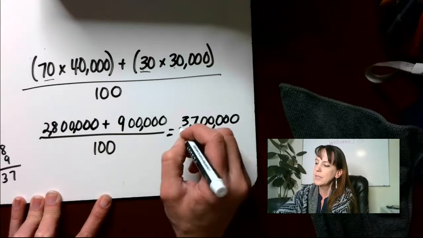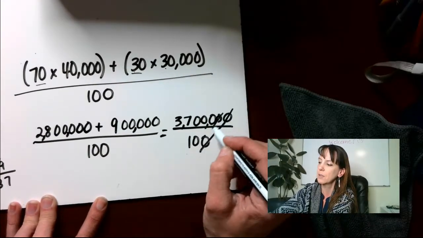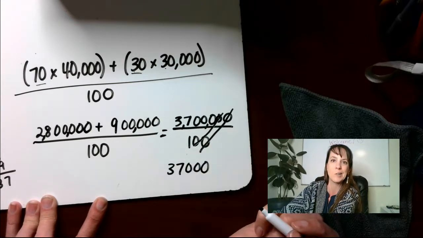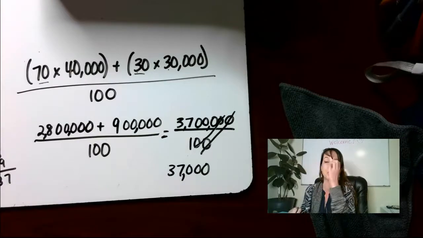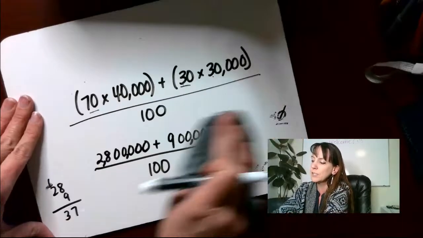Divided by 100. Again, we can lob off some zeros here. So we end up with 37 with 3 zeros here. That is $37,000 was the overall average. The overall average salary was $37,000. That's how you would write that.